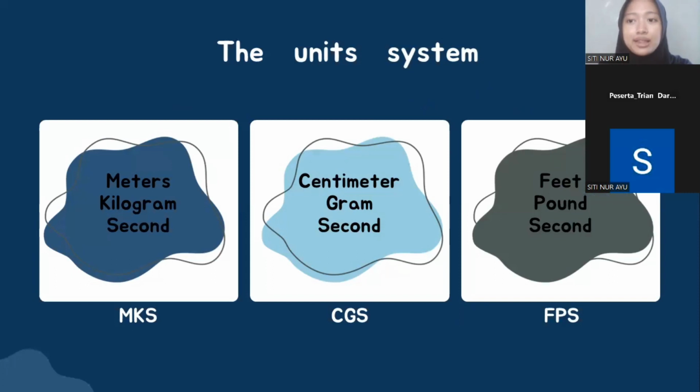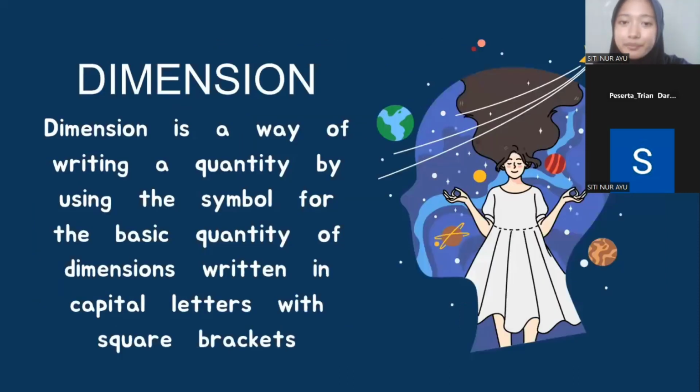Then we will discuss dimension. What is dimension? Dimension is a way of writing a quantity by using the symbol for the basic quantity, with the dimension written in capital letters in square brackets. For example, you can look at the table.